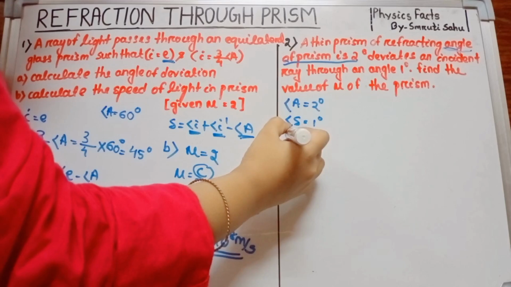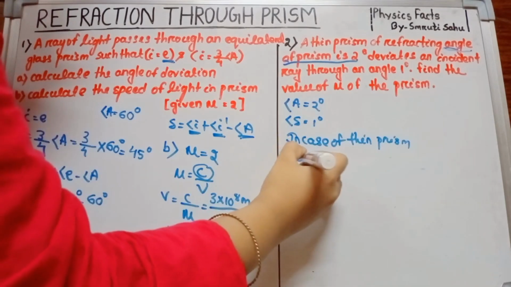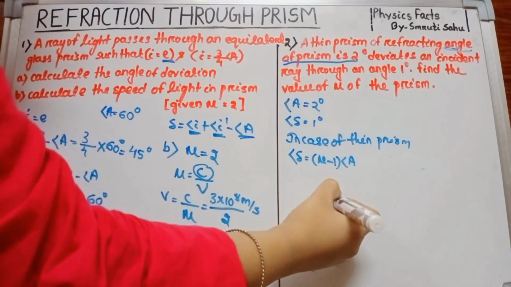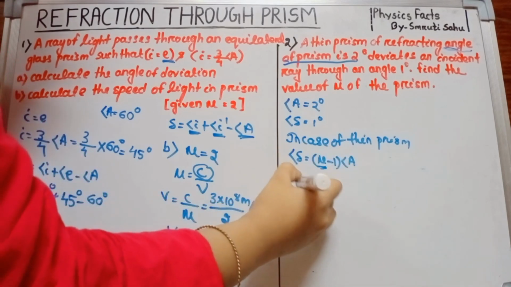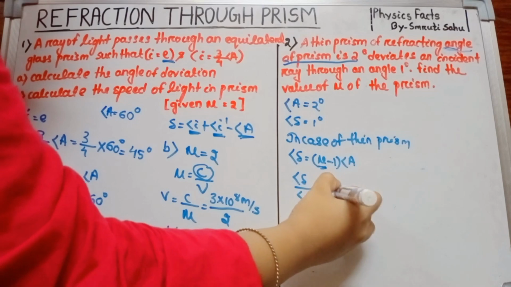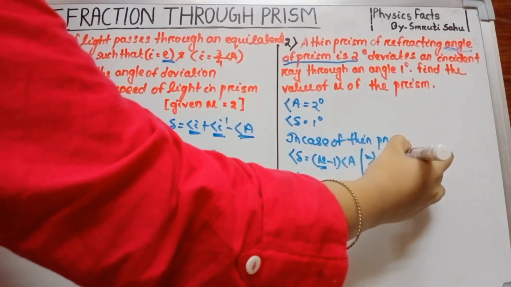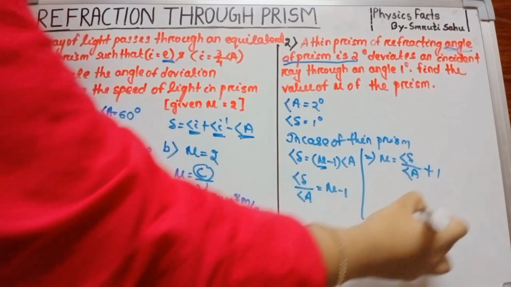We know that students, in case of thin prism, delta equals (mu minus 1) into angle of prism. Then what is mu? Going to this side, angle of deviation by angle of prism equals mu minus 1. So mu equals angle of deviation delta divided by angle of prism, plus 1.